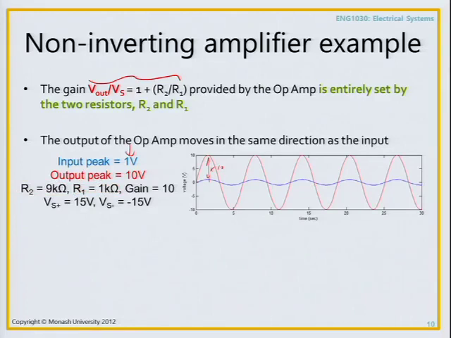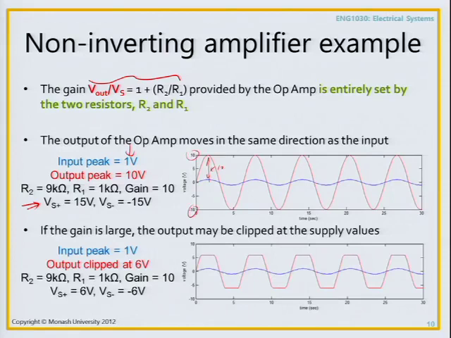Now, I've also included here the supply voltages. So we've ignored those for a second, but they do play an important part because in this example that I've just put up, we're saying that the supply voltages are 15 volts and negative 15 volts. So everything's okay because the output only goes up to 10 and minus 10. What if the supply voltage was 6 and negative 6? What would happen then?